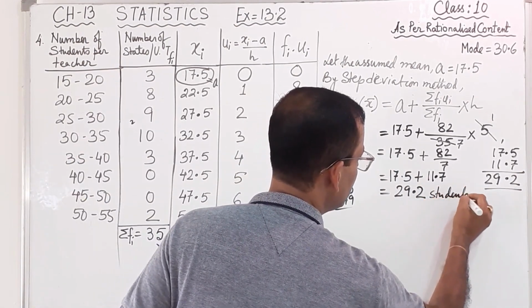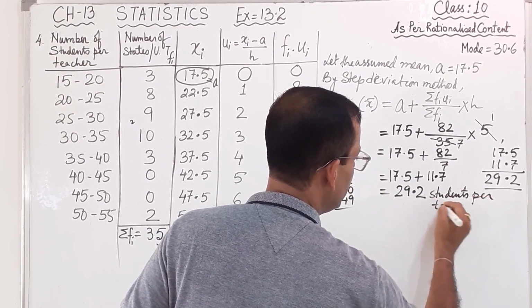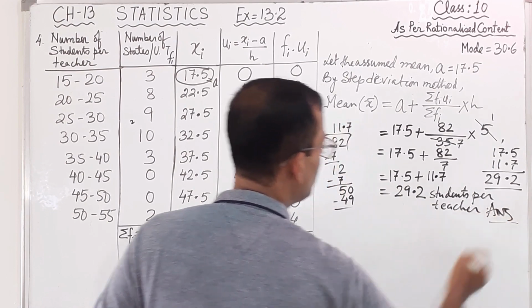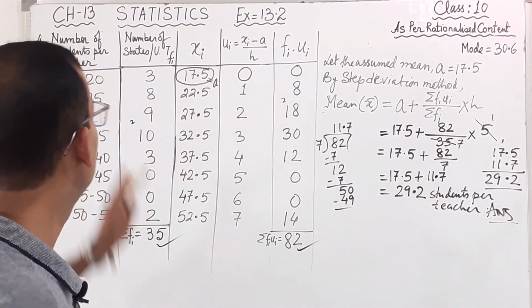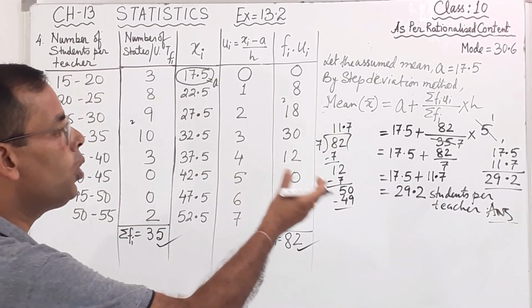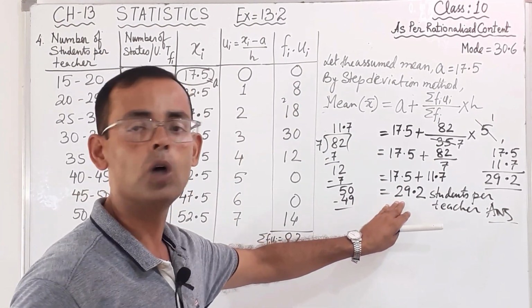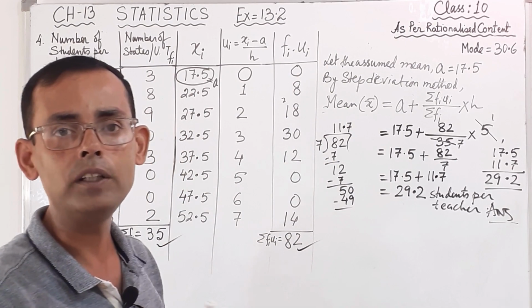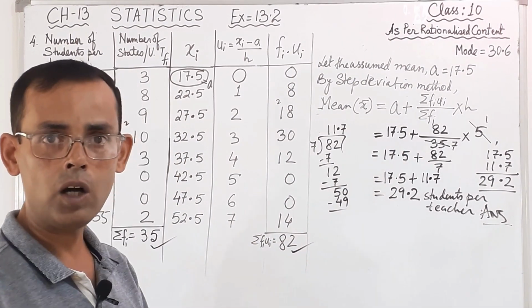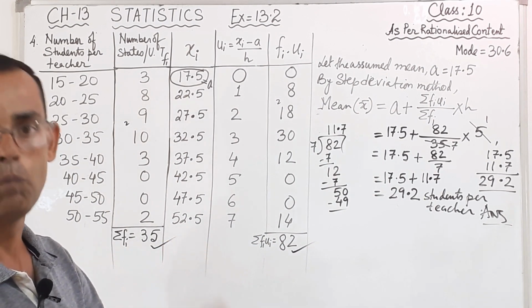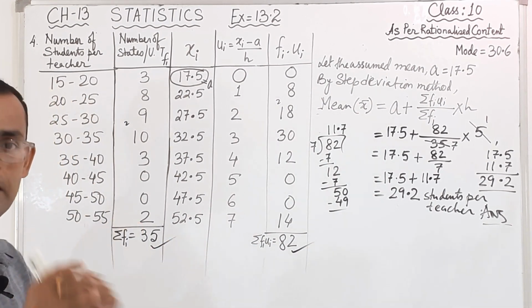Students per teacher. And this is the answer for what? For the mean. Okay. So mode you got 30.6 and the mean you got 29.2. Okay. Now when we got the mean as well as the mode, now we have to interpret.